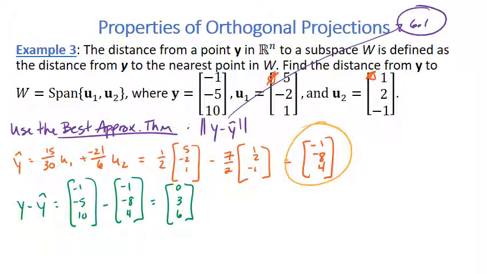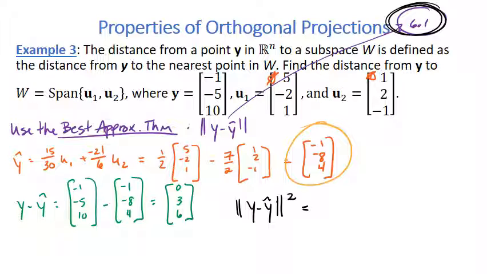So I'm going to have the length of y minus y hat. There are a couple of different formulas to find this length in section 6.1. I'm going to use this formula, and I don't know if I used it at all in my previous videos, but it's the same thing.